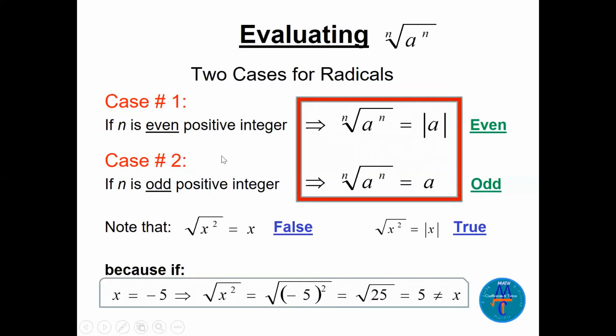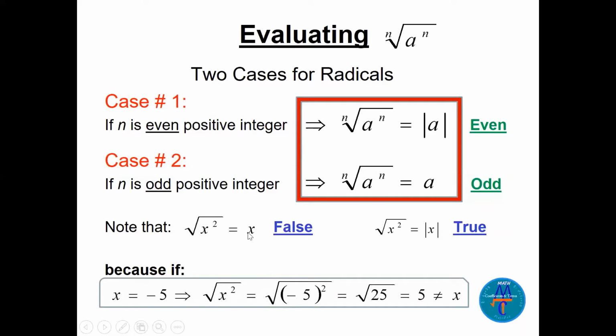Even like 2, 4, 6, 8, 10, etc. Divisible by 2. The odd number is 3, 5, 7, 9, etc. It's not divisible by 2. So if it is odd index, the answer is A. If it is even, the answer should be absolute value of A, which means positive.